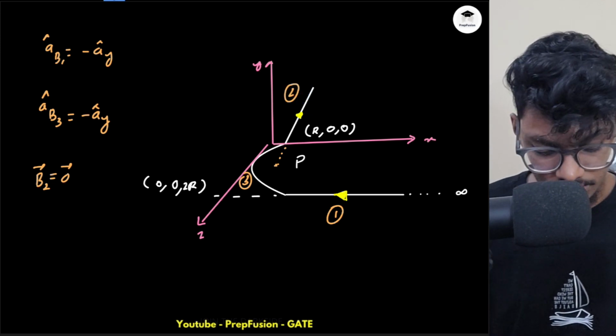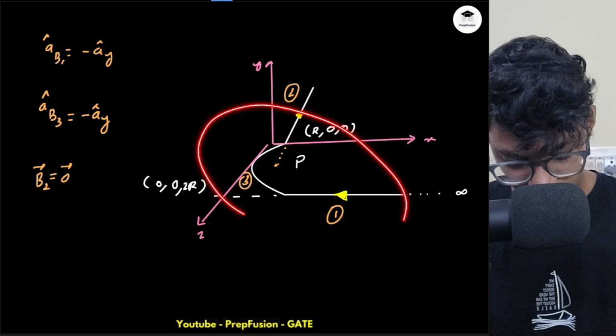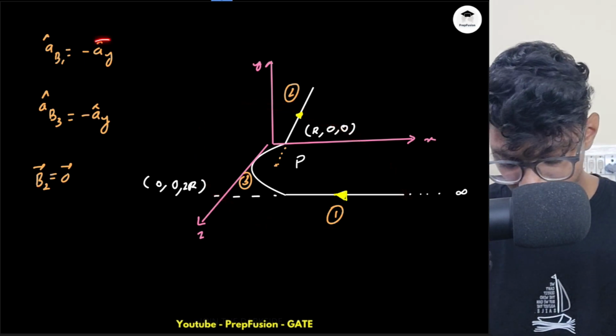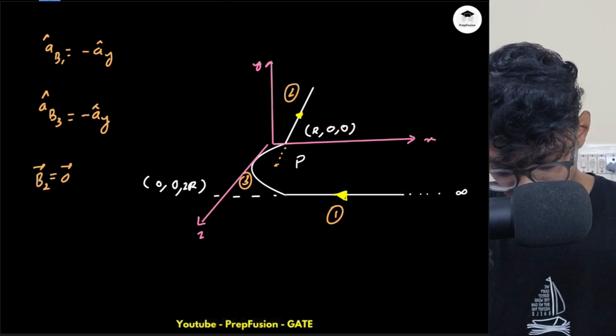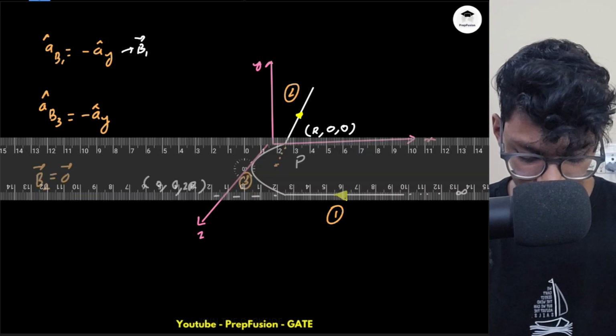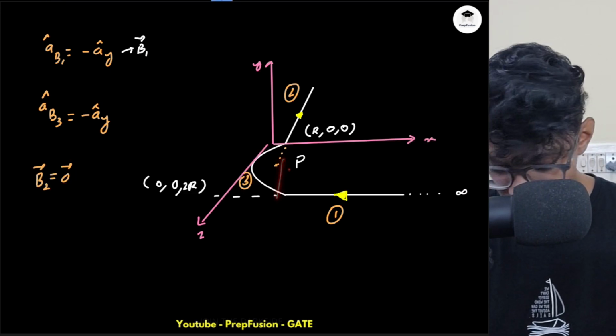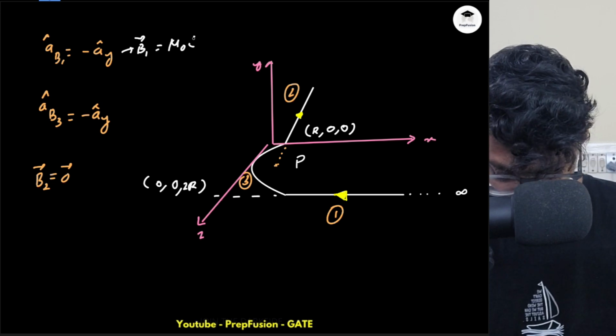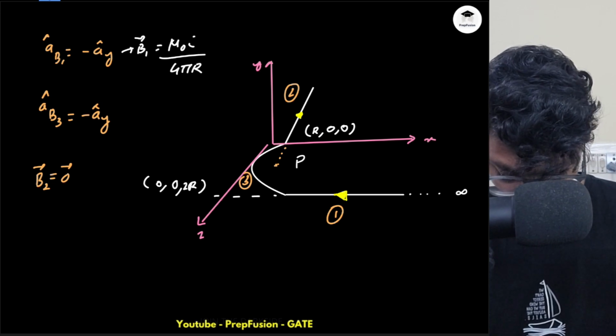So only magnetic field is present due to these two. So what is the magnetic field? Basically both are in the minus y cap direction. What is the magnitude of B1? Semi-infinite rod, right? And the point is at one of the ends, so it will be mu naught I by 4 pi r.